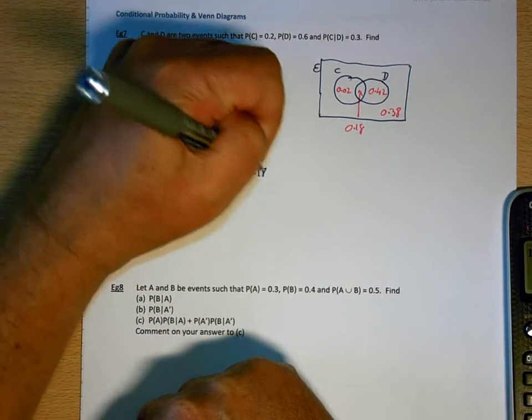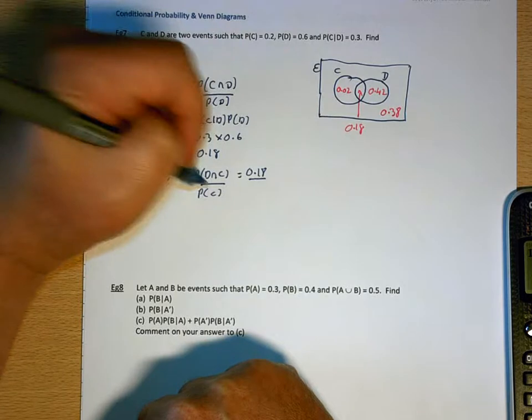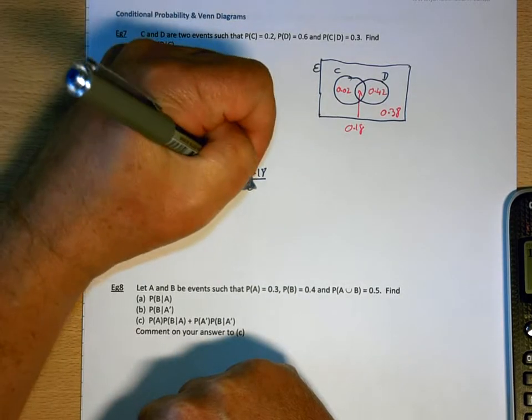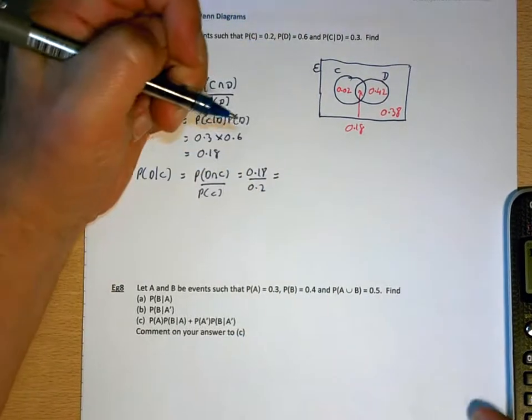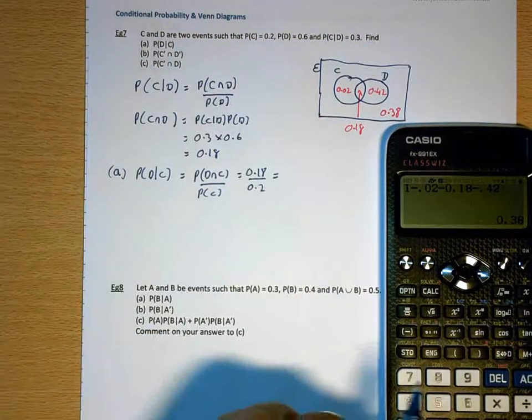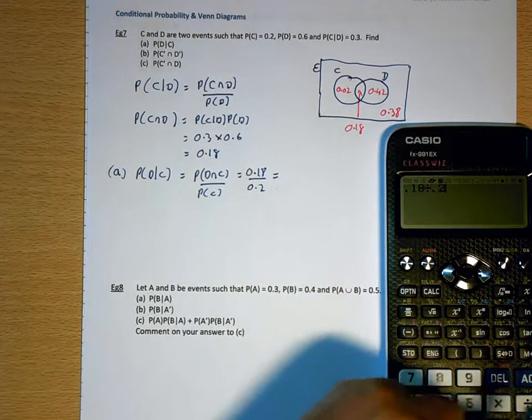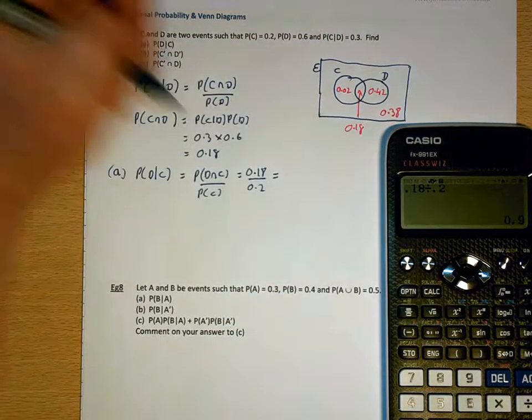So that's going to be 0.18 out of 0.2. So 0.18 divided by 0.2 is 0.9.